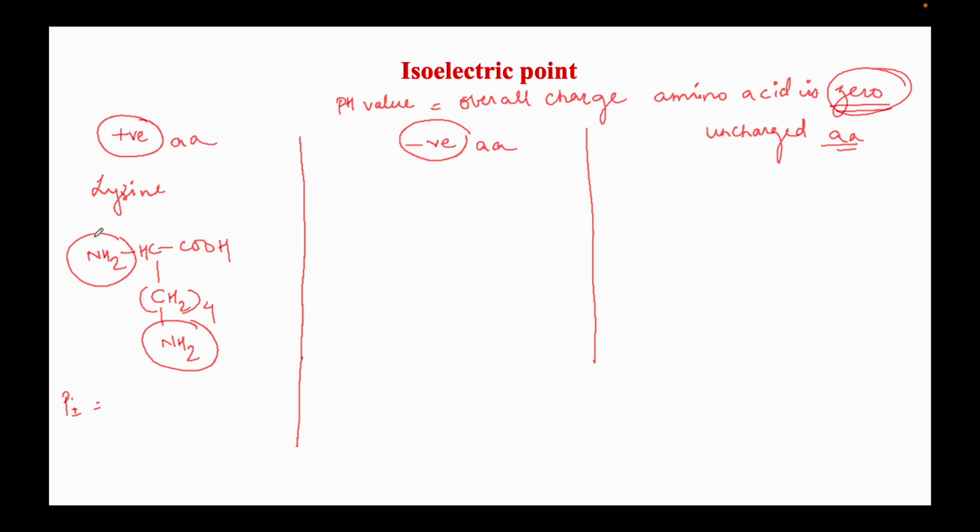We all know the pK of the amino group is approximately 9, whereas the pK of the side chain amino group is 11, as we assumed. We have to take the average, so this will be 20 by 2. So the isoelectric point is approximately pH 10.